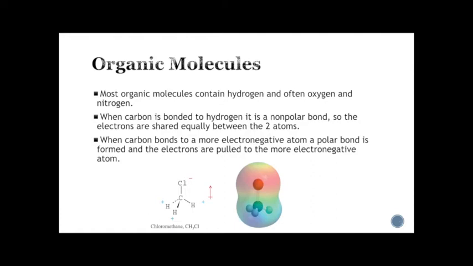But if I have something that's very electronegative attached to the carbon, like in the example here, chloromethane, then the chlorine is going to pull the electrons to itself, and it's going to form that polar bond and make the molecule polar itself. So again, if it just has carbon and hydrogen, then overall it's just going to be nonpolar. Nobody's going to be pulling the electrons one way or the other.